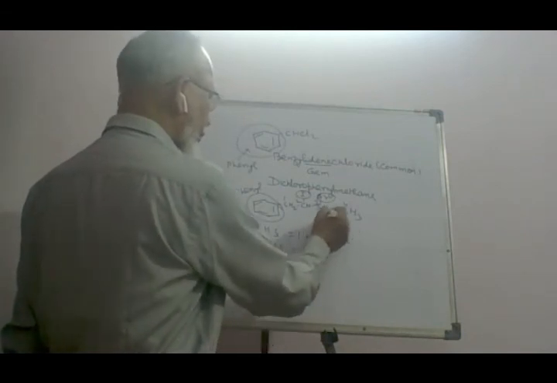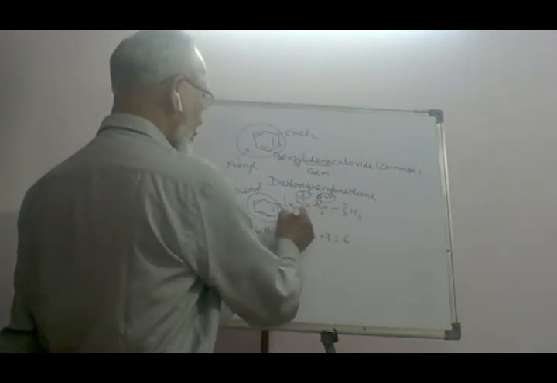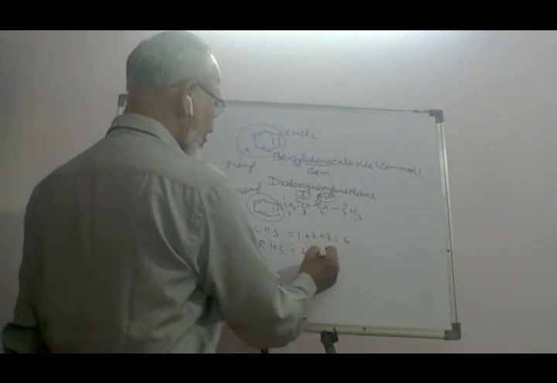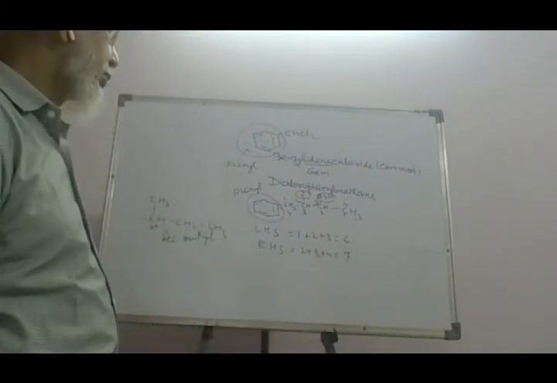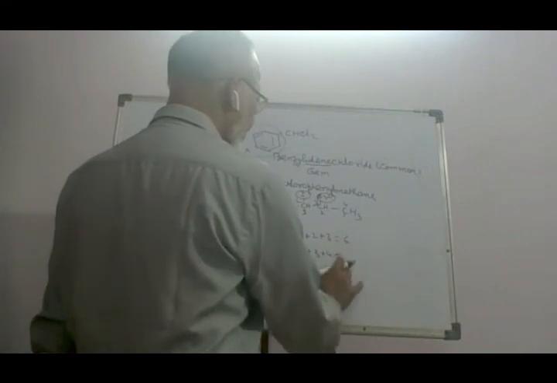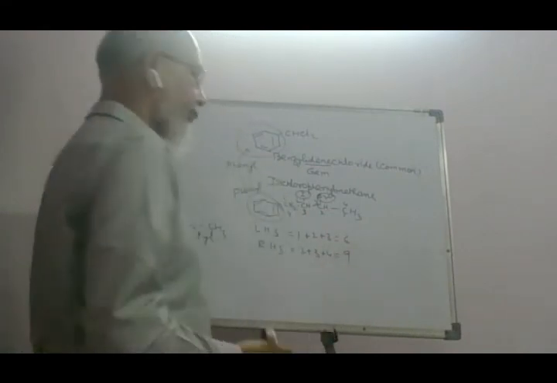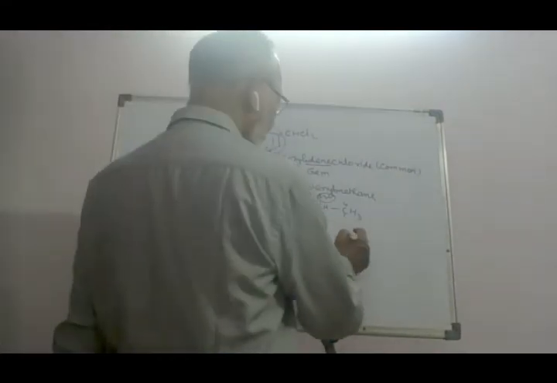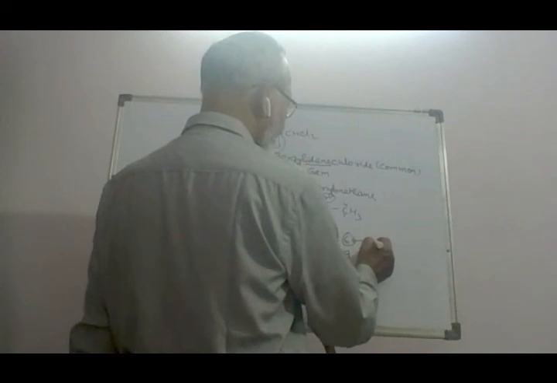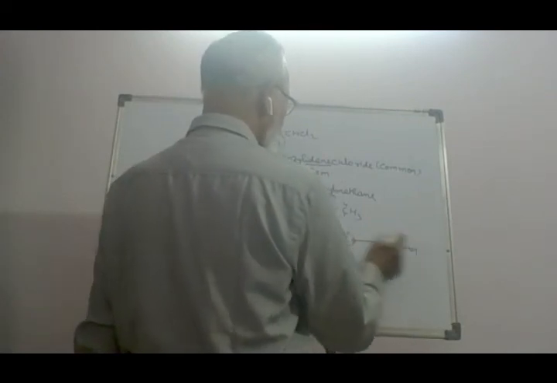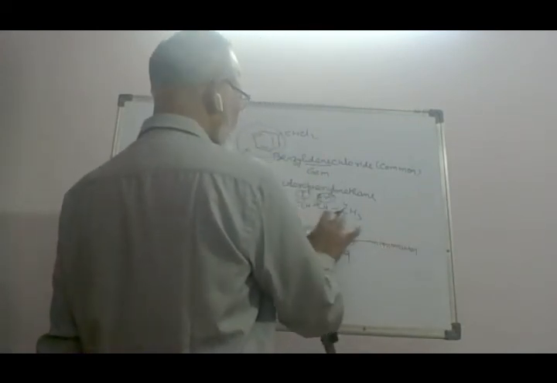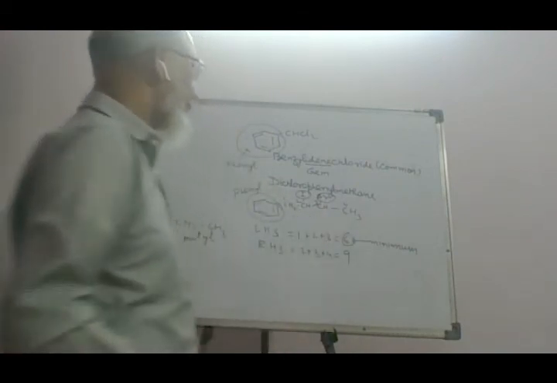So it will be 2 plus 3 plus 4, 9. So this is the lowest number or minimum. Hence we shall prefer the numbering from the left hand side.